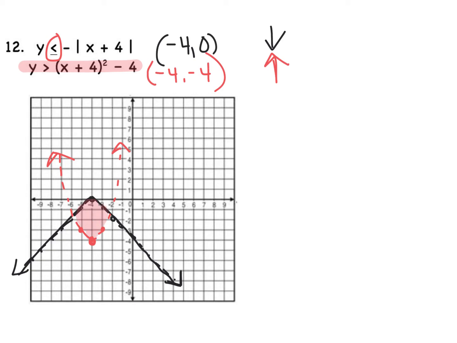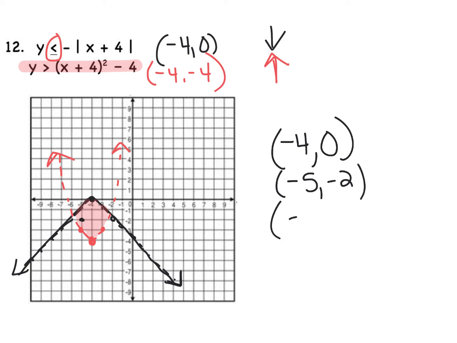So name 3 solutions. I'm going to say (-4, 0), because that is on a solid part surrounding the shaded region. (-5, -2) is another. That's right here. And I'm going to go with (-3, -2) as a third possible solution.